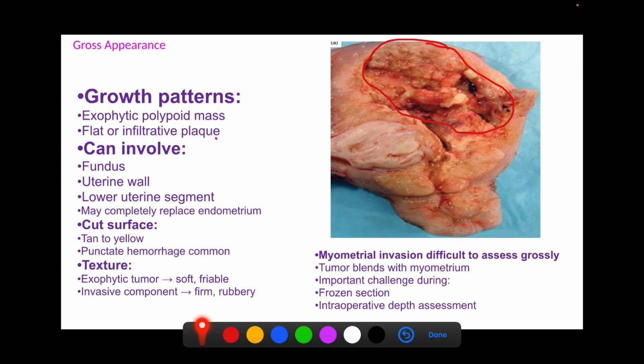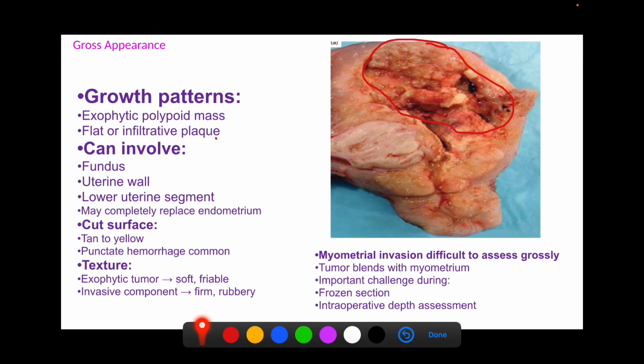This is the cut section of uterus with cervix showing irregular growth in the fundus and lateral uterine wall. Cut surface is tan to yellow, sometimes punctate hemorrhage is seen, and exophytic tumor is generally soft and friable in nature, whereas the invasive component is firm and rubbery.